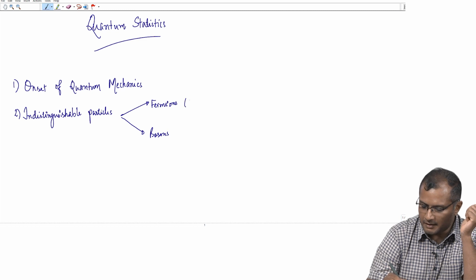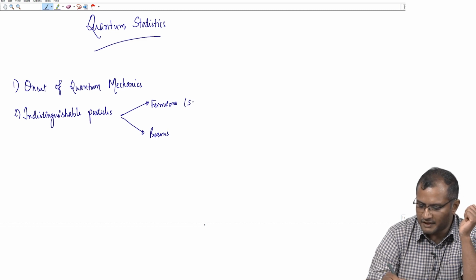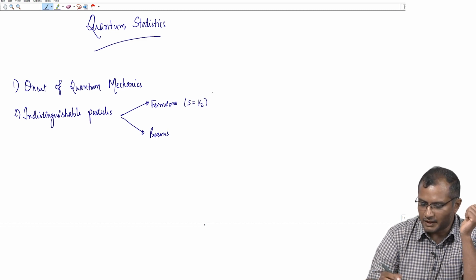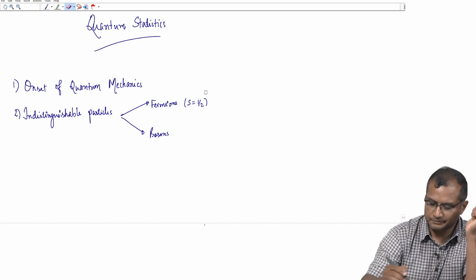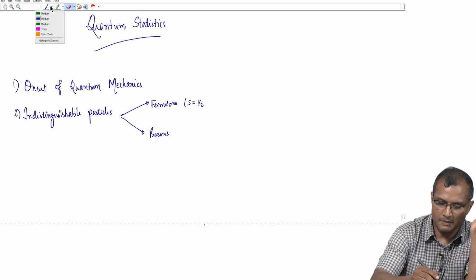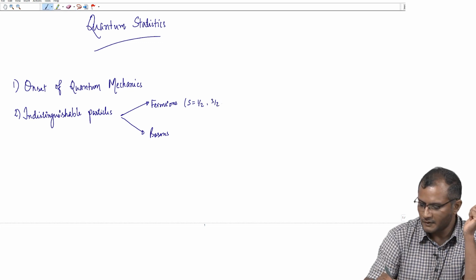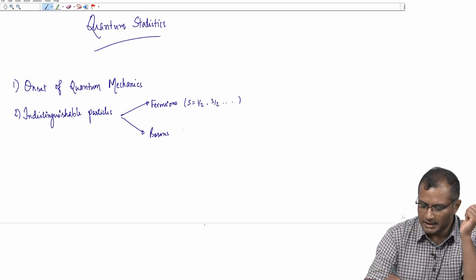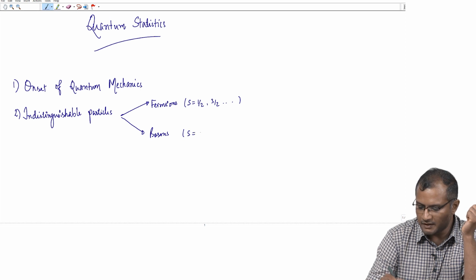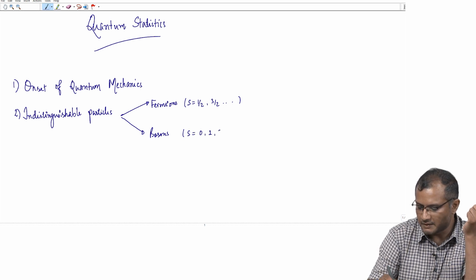So, basically fermions are particles with half integer spins. Okay. So, you can take spin one-half and so on and so forth, and for bosons we will have integer spins.